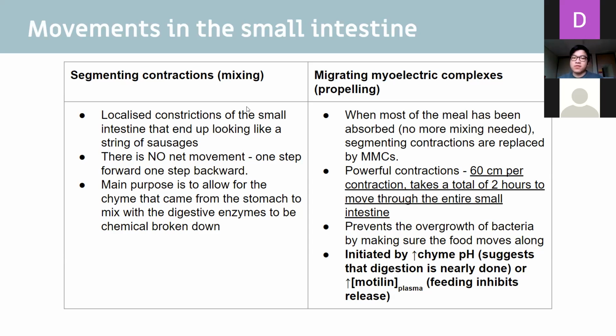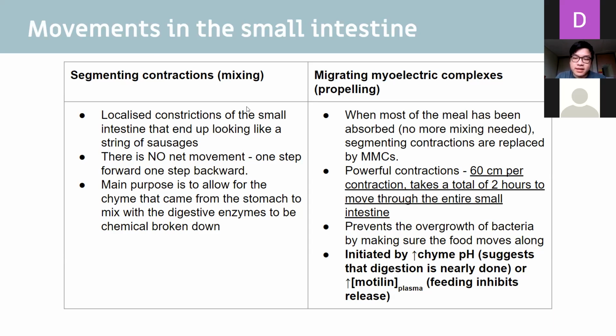There are a few physiological triggers for the MMCs. It's initiated by a rising pH of the chyme, which suggests to the body that digestion is nearly done. All that acid has essentially digested all the food and it's no longer as acidic.